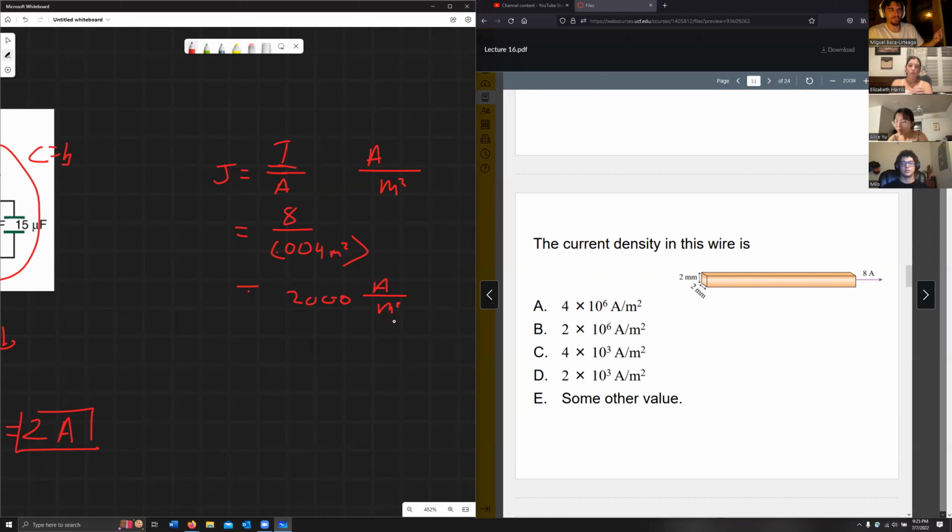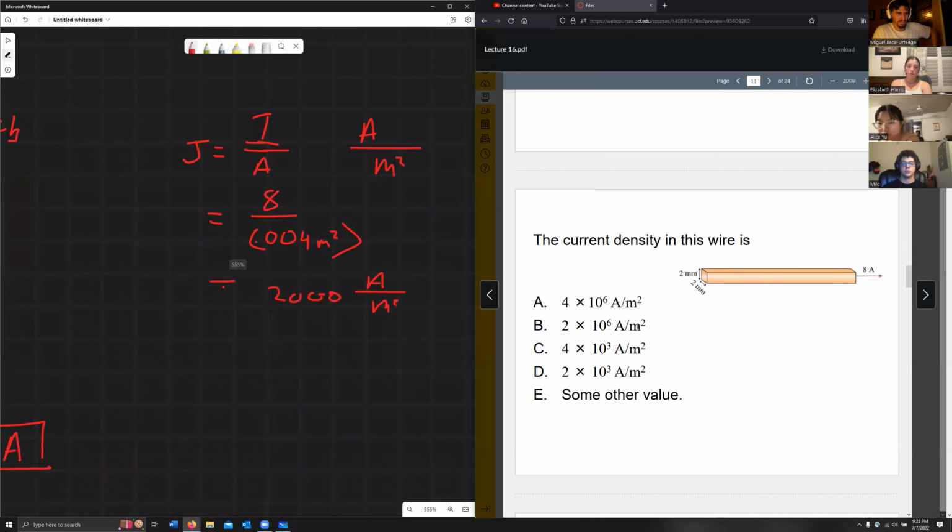So if you brought it up to a meter, if we multiply that by, I'm trying to figure it out. 0.004 meters has 8 amps, I could see it being D.